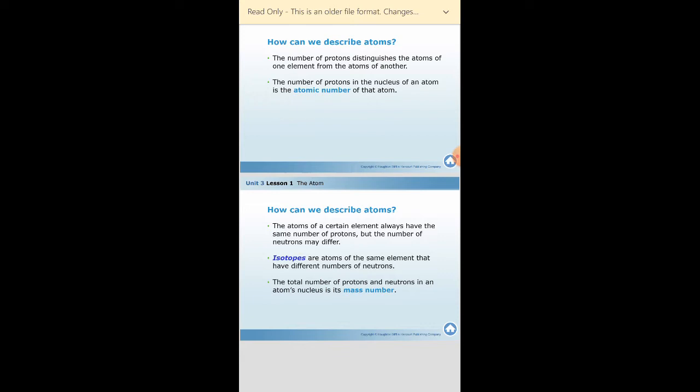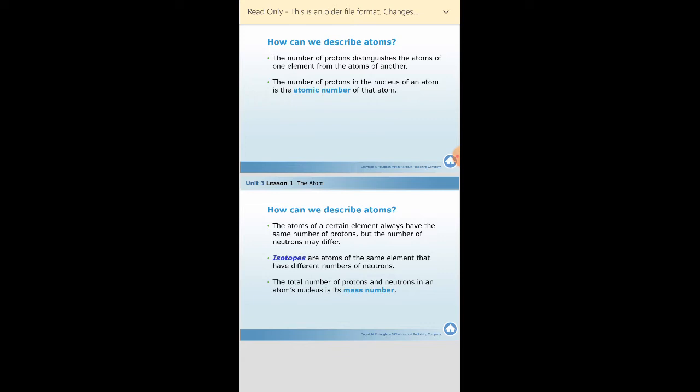As we said in the last period, in some elements the atoms can have different numbers of neutrons, and they are called isotopes. Isotopes, like chlorine, you will see that they write chlorine 17, chlorine 15.